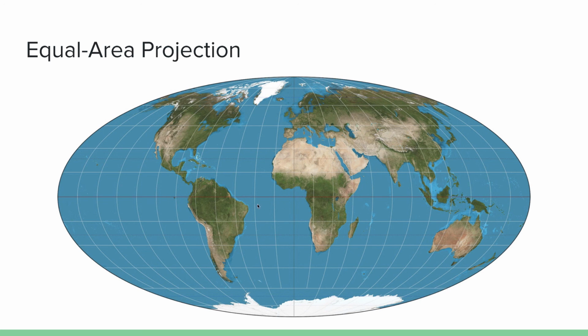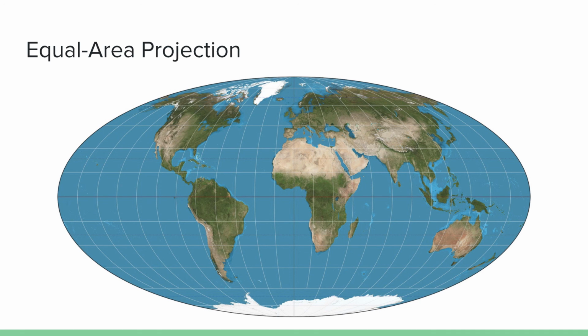Like you can tell that some of it seems a little weird, much longer than what it is. That's because each projection has some sort of distortion. So it really depends on what you're looking for in a particular map based on the projection that you choose.